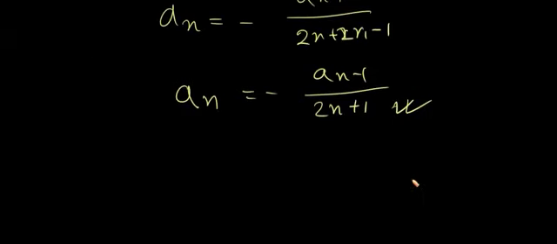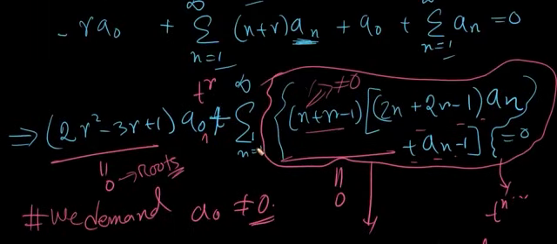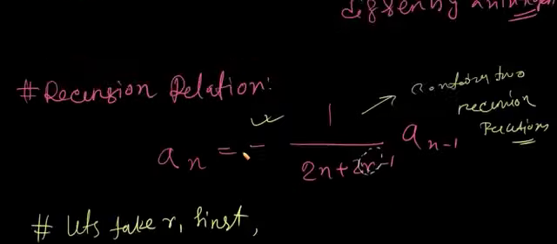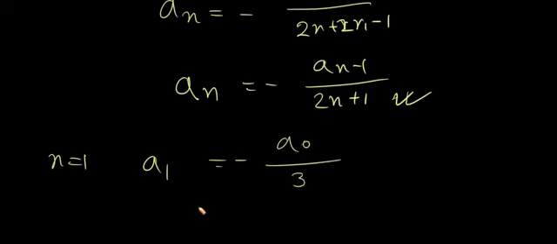If you try to evaluate some following terms, but remember this is starting from n equals to 1, not n equals to 0, because our summation got shifted to n equals to 1. So you have to start from n equals to 1 right now. So when n equals to 1, you will have a1 here, and it will be equals to minus a of 0 over 2 plus 1, that is 3.